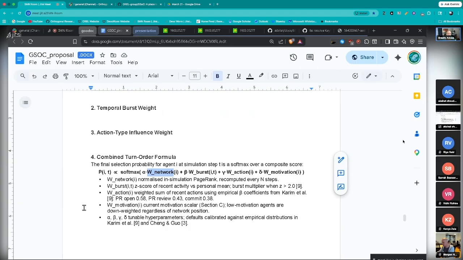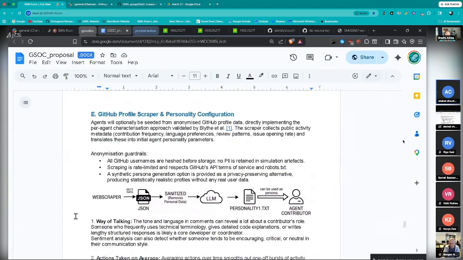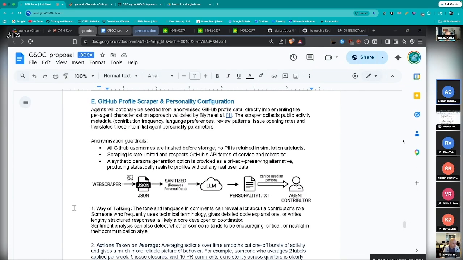I mean, they use it for very large networks when they're doing search engine work, but you can use it on smaller networks, as far as I know. So we can divide one time step into multiple contributor actions. So we can use this to predict which agent is most likely to perform, and we can obviously add some randomness to it to add more realness.